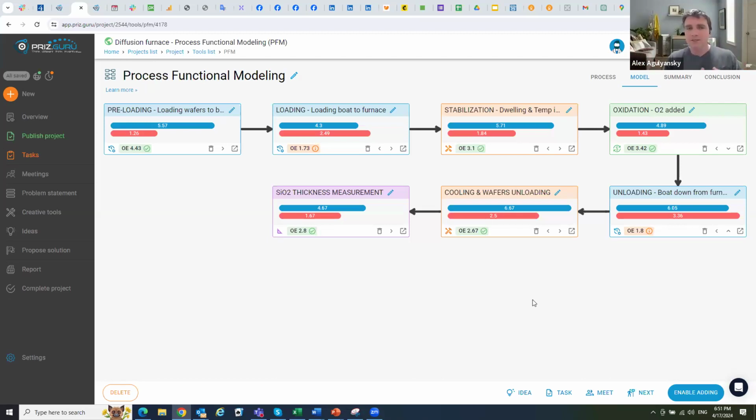So yes, this is at a high level. Process functional model is not an analytical tool for root cause analysis. There are other tools for that. This is a tool to understand our system and our processes, and what operation is contributing the most to the product, or potentially causing the most problems, right?